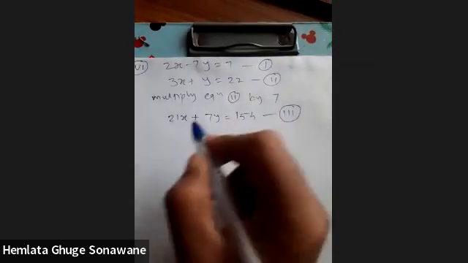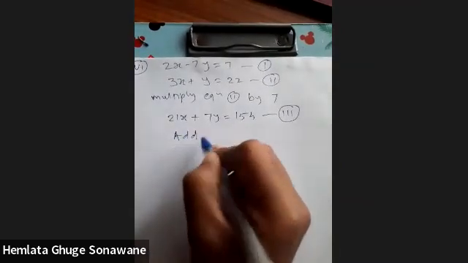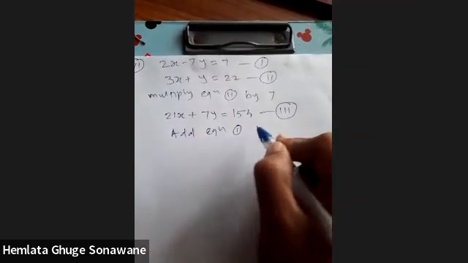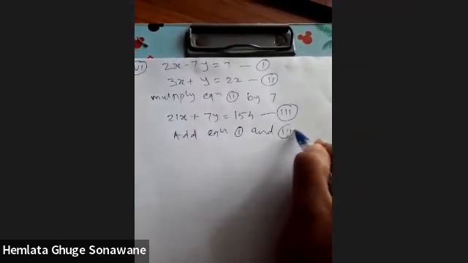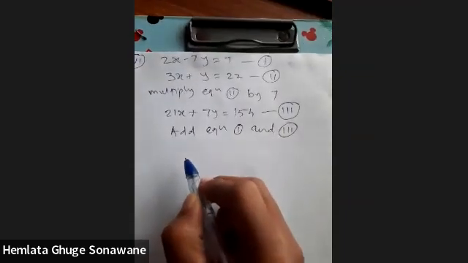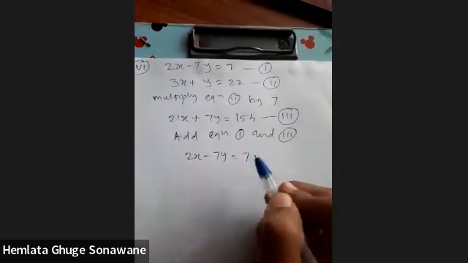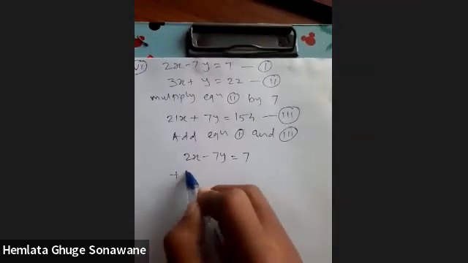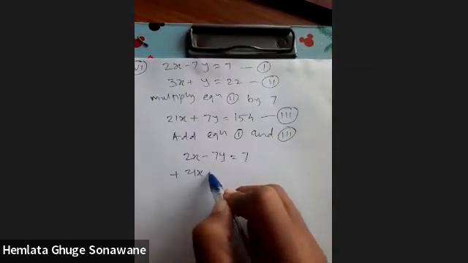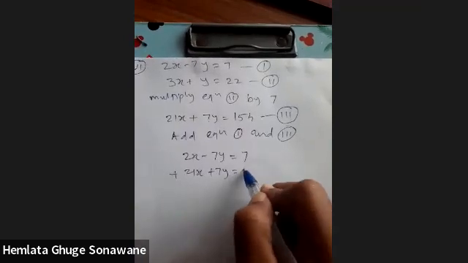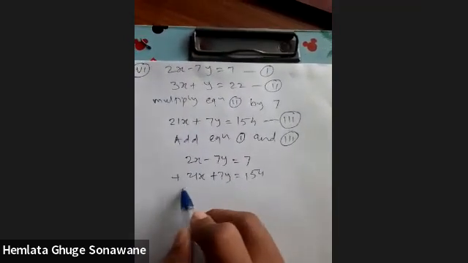Now we'll add equation 1 and 2. Sorry, 1 and 3. Our equation number 1 is 2x minus 7y is equal to 7 plus 21x plus 7y is equal to 154.